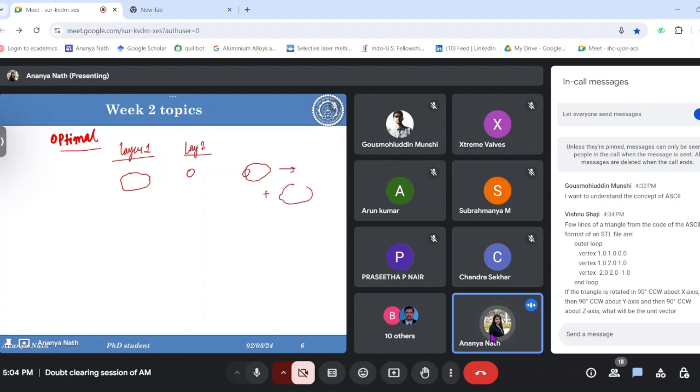In the first method, I'll take this whole periphery. For the second method, I'll see that for layer 2 this portion is not needed. Here we do not require any support. So I'll just discard this for layer 2. For layer 1, I'll make the support like this, and for layer 2 I'll make the support like this. For layer 3 I'll see what type of support is needed. So this is the overall concept.